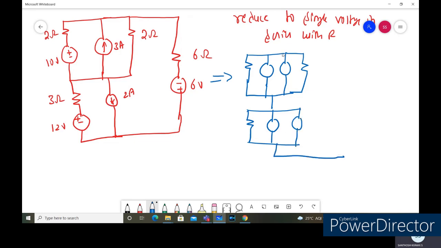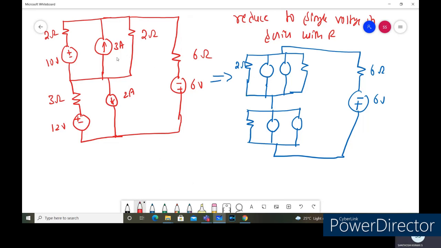With this one, we have the 6 ohm resistance in parallel with the other voltage source, which is minus plus 6 volts, and also the 6 ohm. Here the 2 ohm resistor will remain the same, and this is the current source.